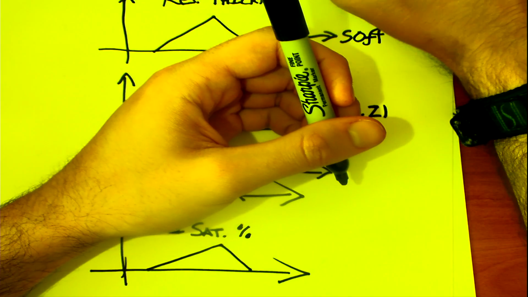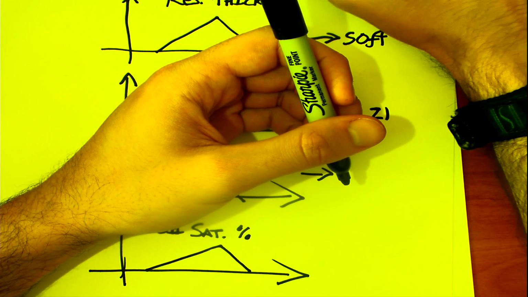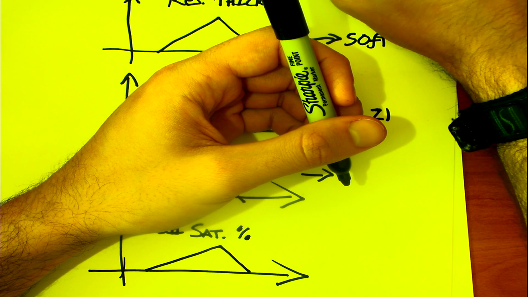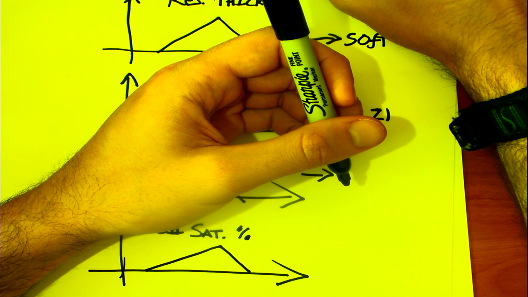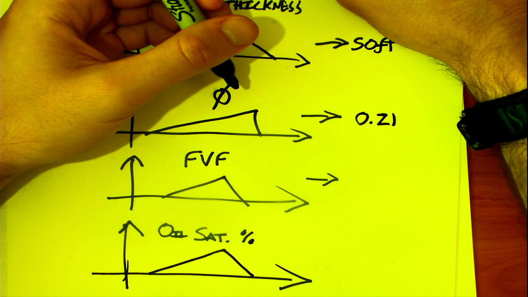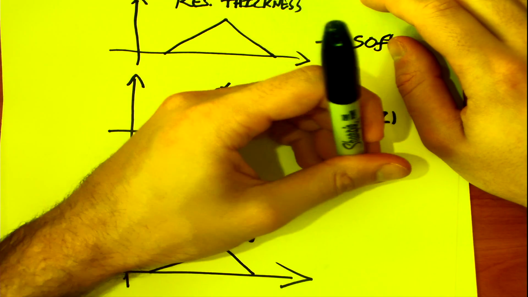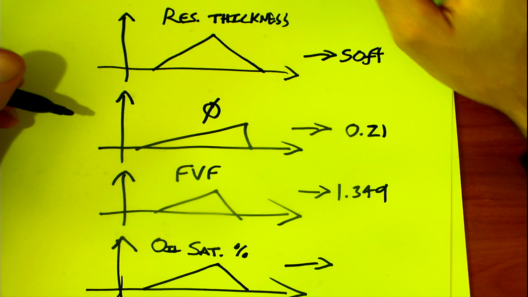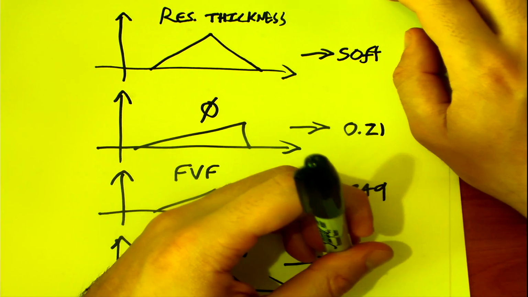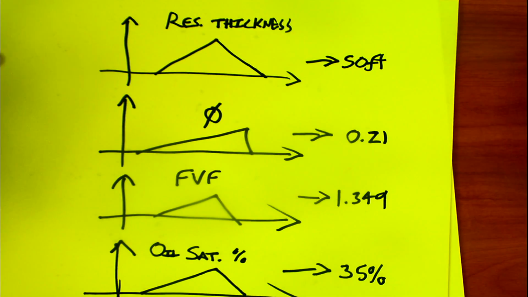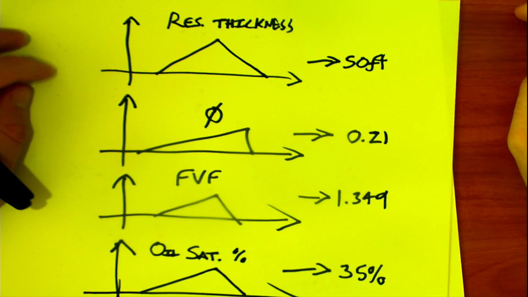This ends up being some ridiculous number because I'm not thinking of a decent formation volume factor right now. So say I sample each one of those once, I get that.